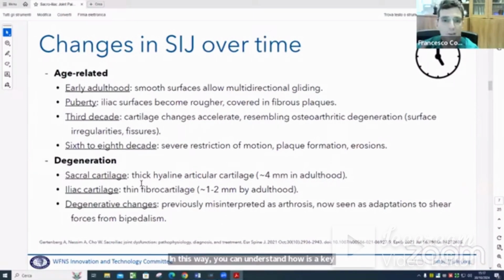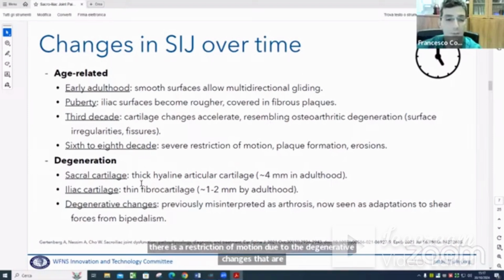Obviously, during the lifetime of a person, there are some changes correlated with age, especially in early adulthood and puberty. Then in the 60s to 80s decades, there is a restriction of motion due to degenerative changes that can affect all the articular planes and also this one.